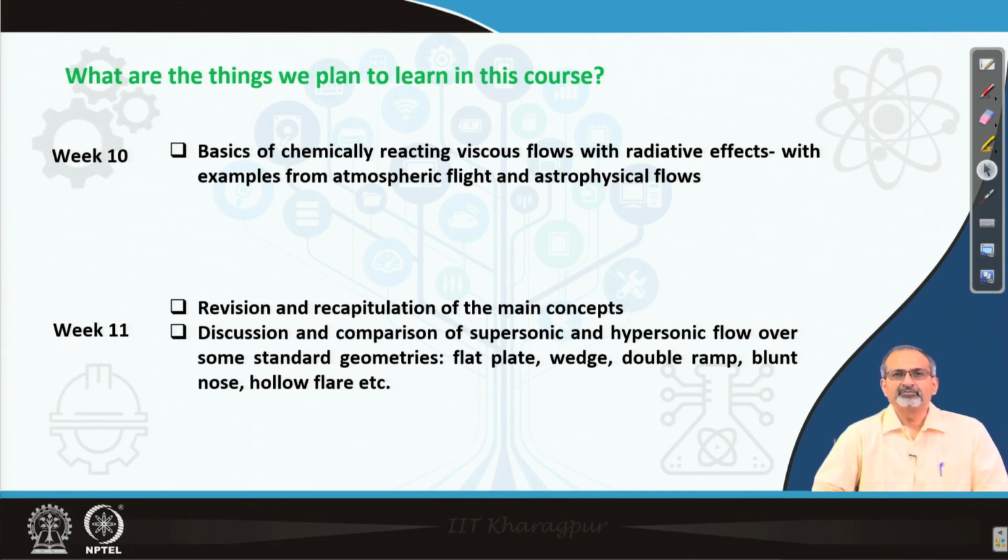For example, you will be looking at the momentum transport, you are going to look at heat transfer, you are going to talk about mass diffusion, which were not there in the inviscid flow because of the absence of things like viscosity, the conductive heat transfer through thermal conductivity, or the mass diffusion effects.